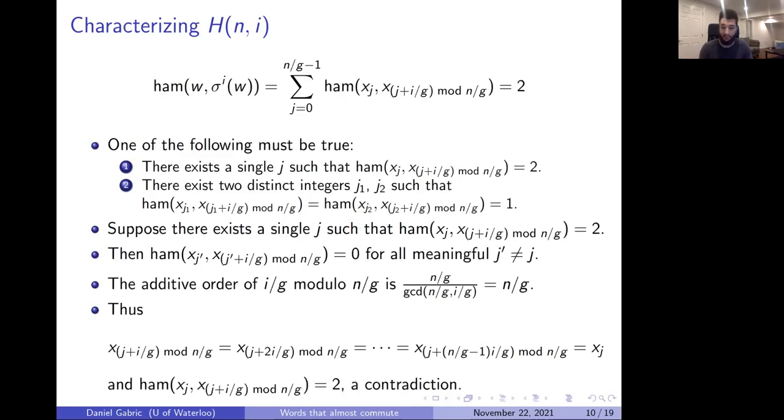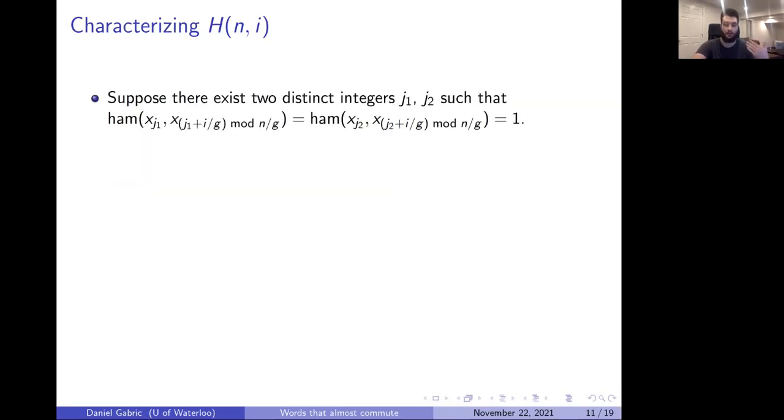So we have that x_j is equal to x_{j + i/g mod n/g}. But we also assumed that the Hamming distance between those two is 2, and that's a contradiction. So this case cannot be true. So that means that case 2 is correct.